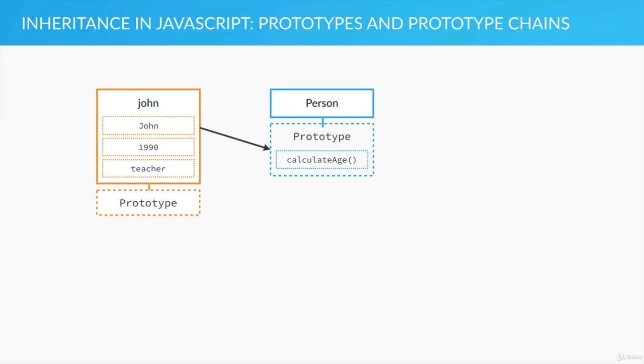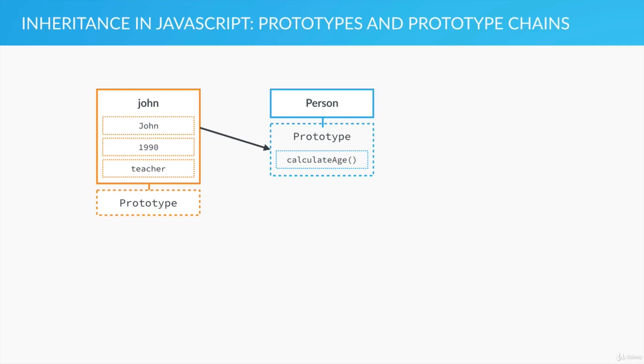What is really important to note here is that the person's prototype is not the prototype of the person itself, but of all instances that are created through the person blueprint, like for example John. So in other words, the person's prototype property is the prototype of John.